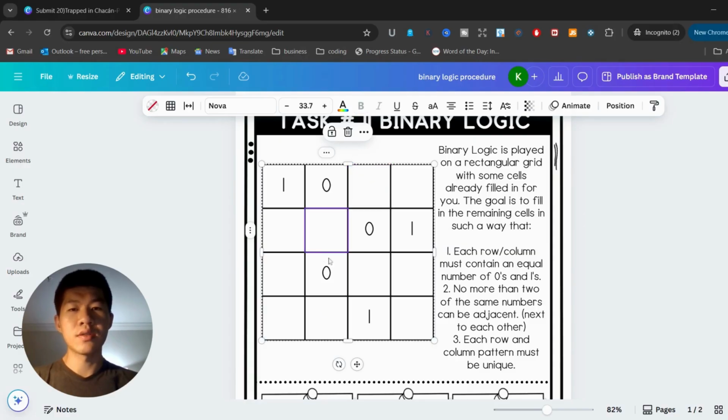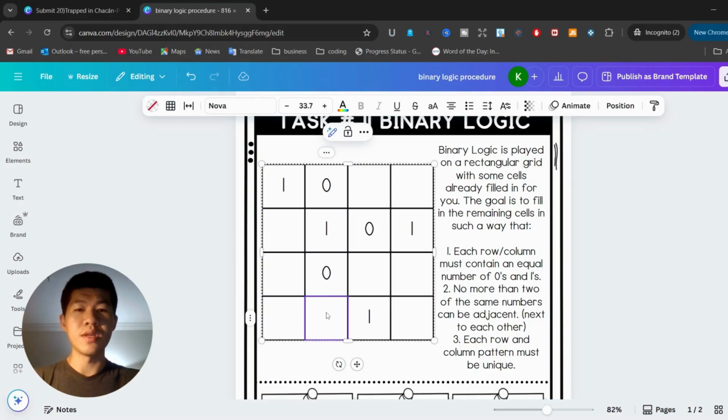But if I look in this column direction, I know that I can't put a 0 here, because you have to have an equal number of zeros and ones, and no more than two of the same numbers can be adjacent to one another. If I put a 0 here, there'd be three zeros, which is not allowed. So the only logical place I can put is a 1 right here.